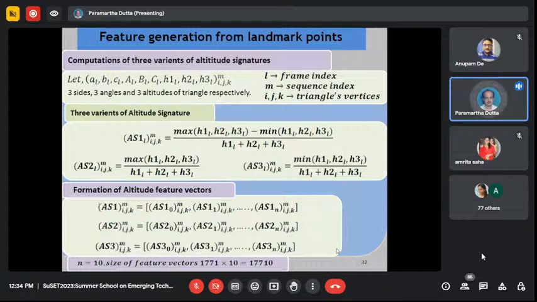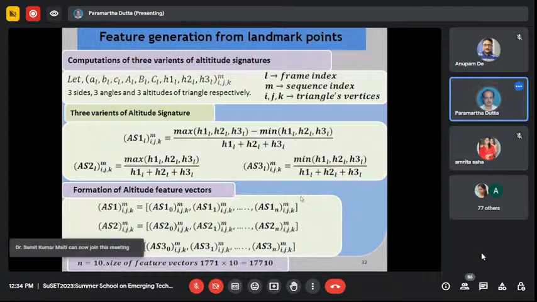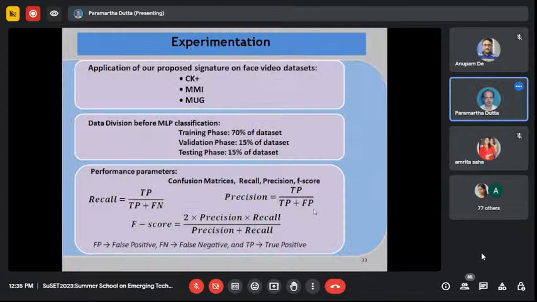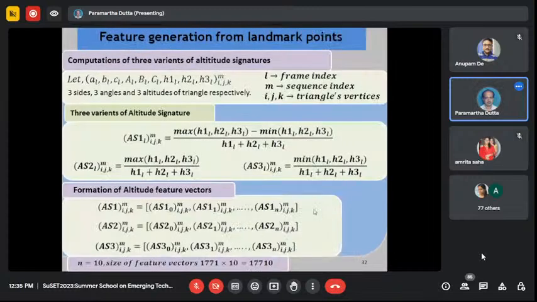But just one thing to say is that, so far as constructing this altitude signature is concerned, these are different ingredients that are considered for our purpose. Different mathematical expressions are considered.